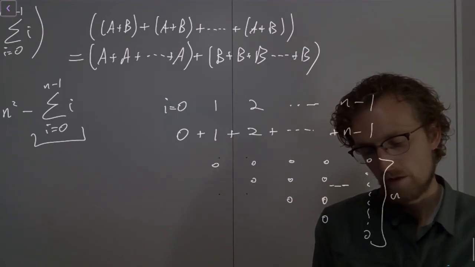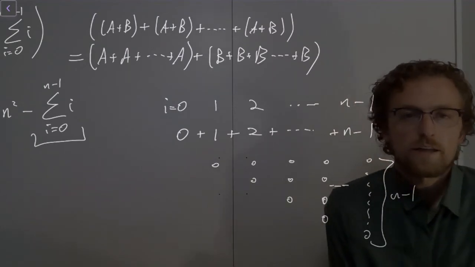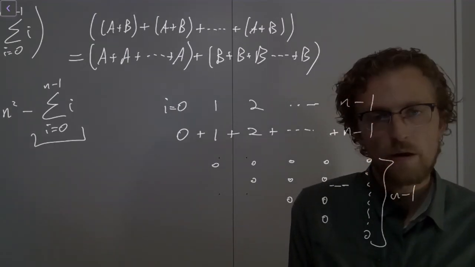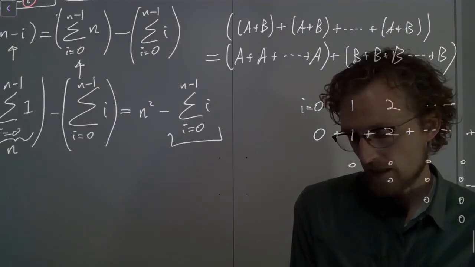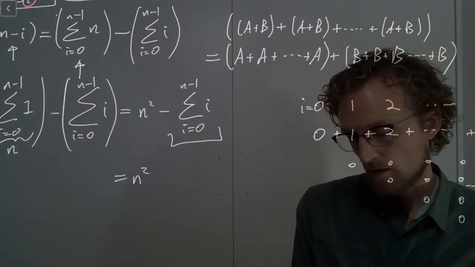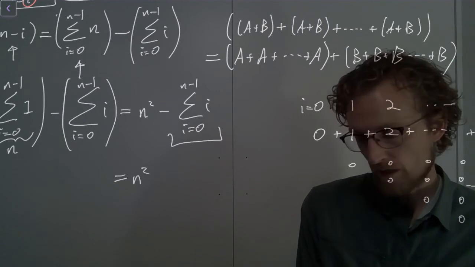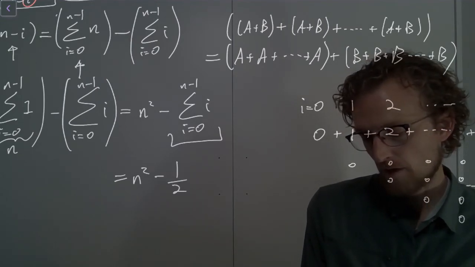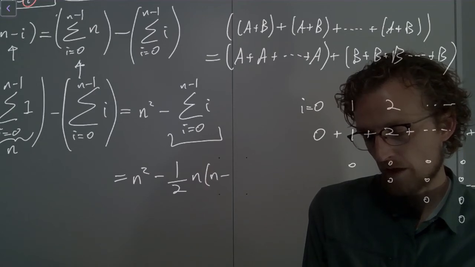And I know how to deal with that. In this particular case, because I'm going from 0 to n minus 1, it happens that this exactly equals, I'll leave the n squared, it just drops down from above, and then this is minus 1/2 n times n minus 1.